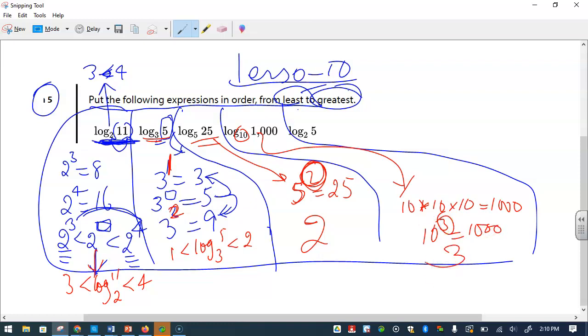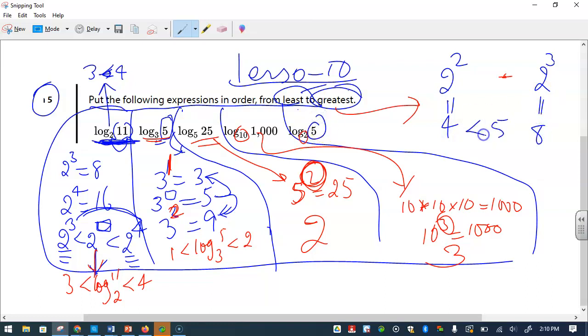So that's 3. The last one here is, how many times do you multiply 2? So let me write it in another way. So 2 times 2 is 4 and 2 times 2 times 2 is 8, right? And this is 5. So the 5 is between this, right?